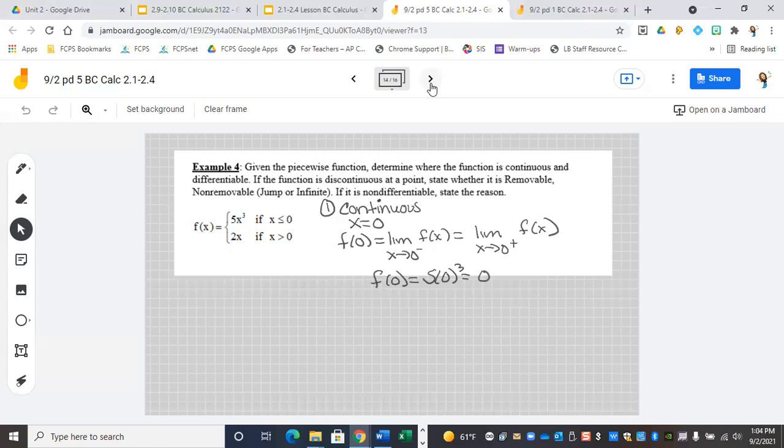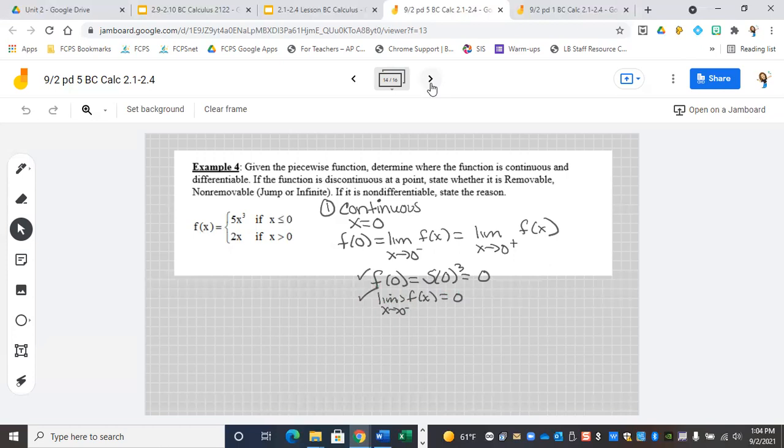We're talking about x values less than 0. So I also know that the limit as x approaches 0 from the left is also 0. So far, it's looking good.